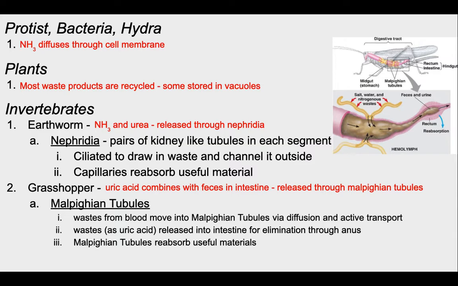So these Malpighian tubules, you can see they're up here in the insect in the digestive tract, and what happens is salts, water, nitrogenous waste are taken from the body fluid in these insects, and then transferred into the feces so that when the insect releases that feces through the rectum, the waste materials go with it.